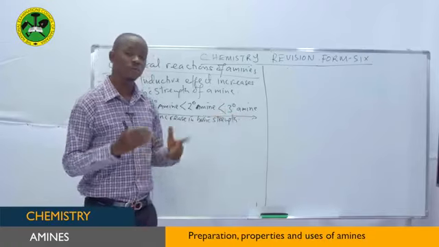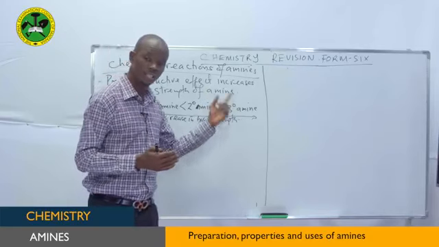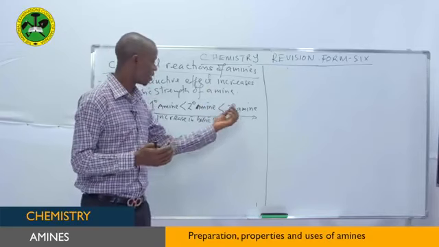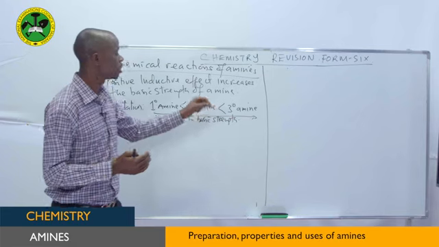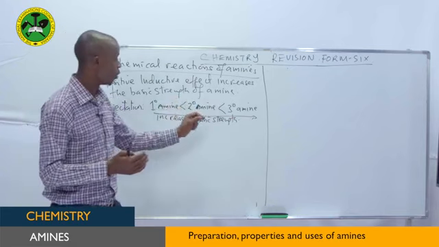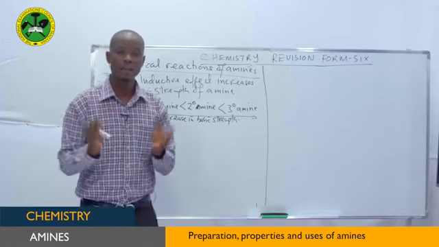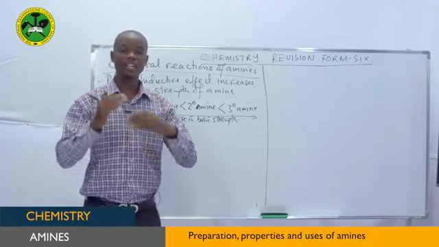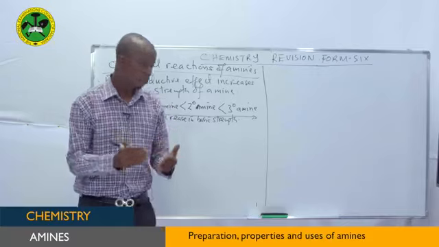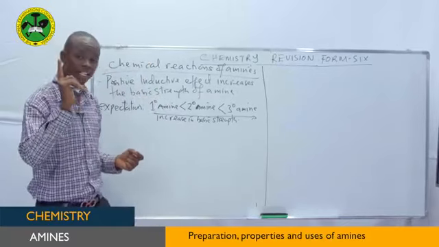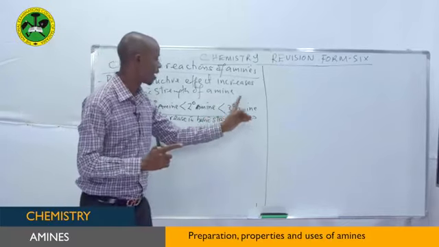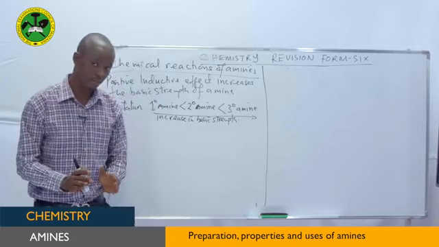Tertiary amine experiences steric hindrance for the Lewis acid approaching the nitrogen atom, because the nitrogen atom is overcrowded by the 3 alkyl groups. Therefore, if that is the case, we are expecting the tertiary amine to be the weakest base.